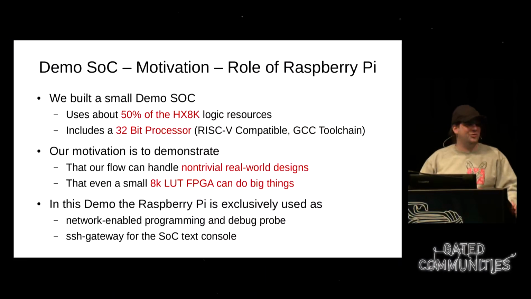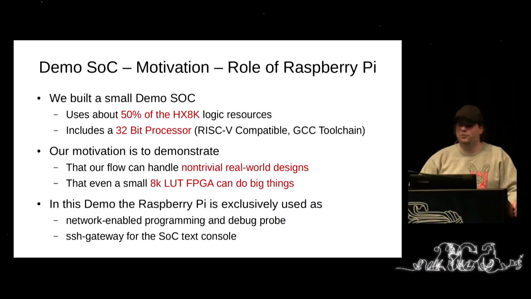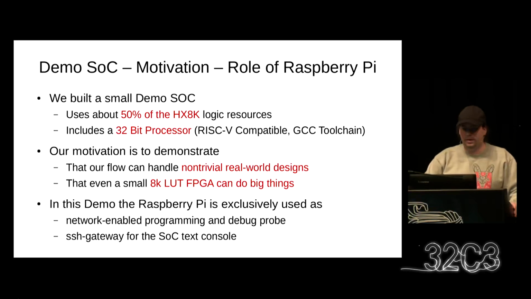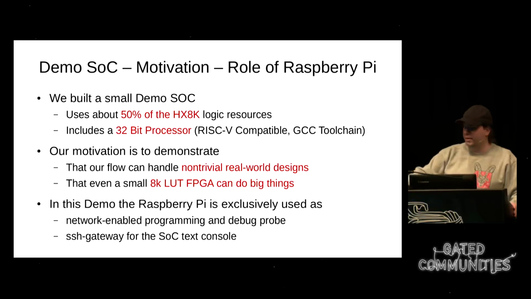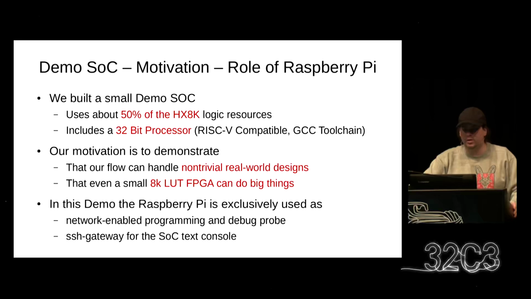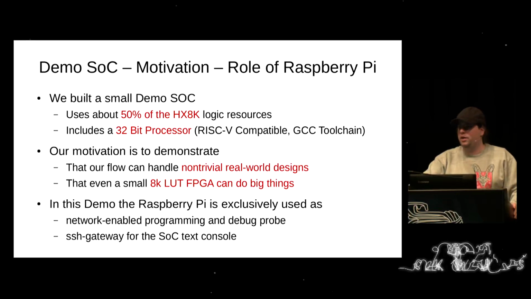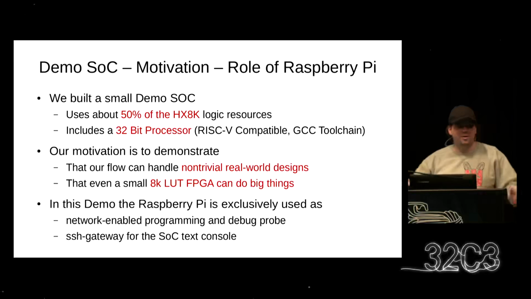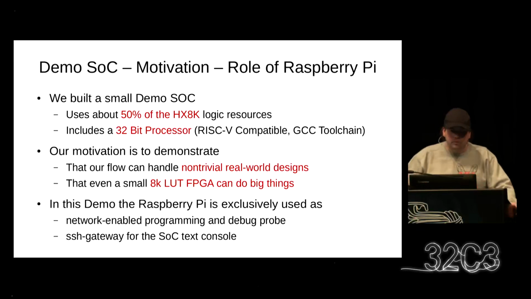So I would like to convince you that even with something that only has 8,000 LUTs, we can do interesting things. So my demo design here, my demo system on a chip, uses only about 50% of the logic resources on this FPGA. So it could also be very interesting as a basis for other projects because you still have half of the device for whatever you would like to add.